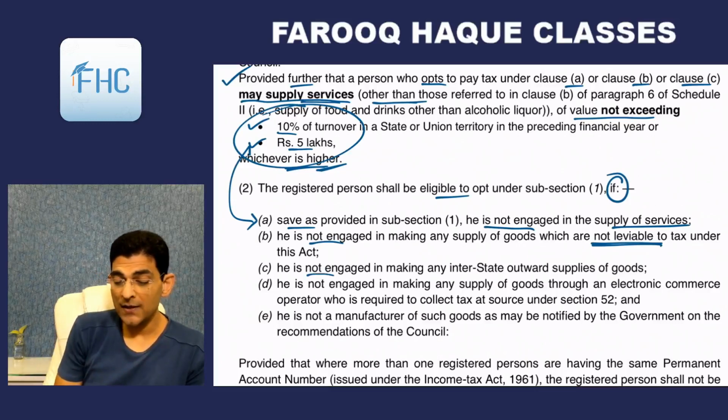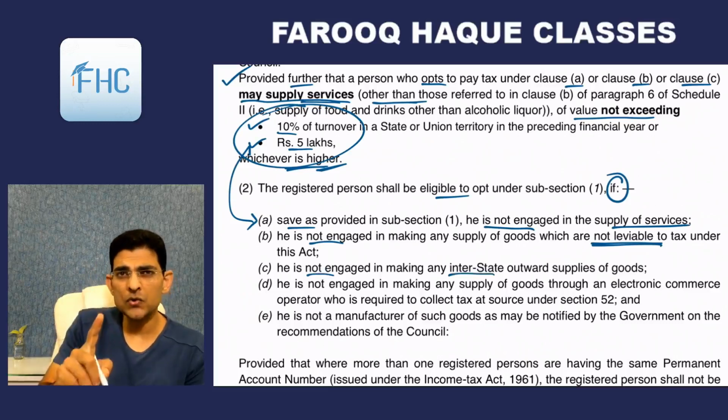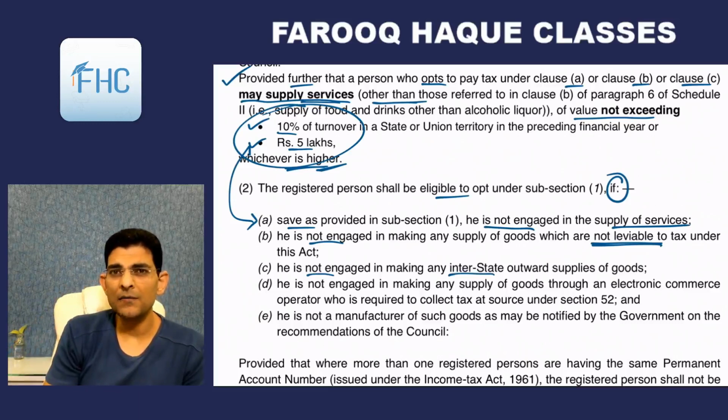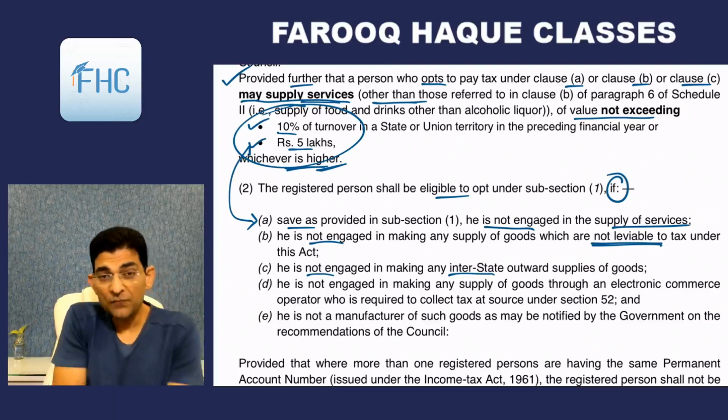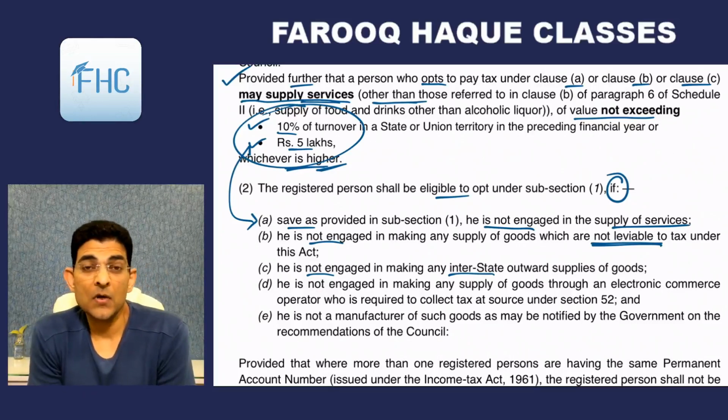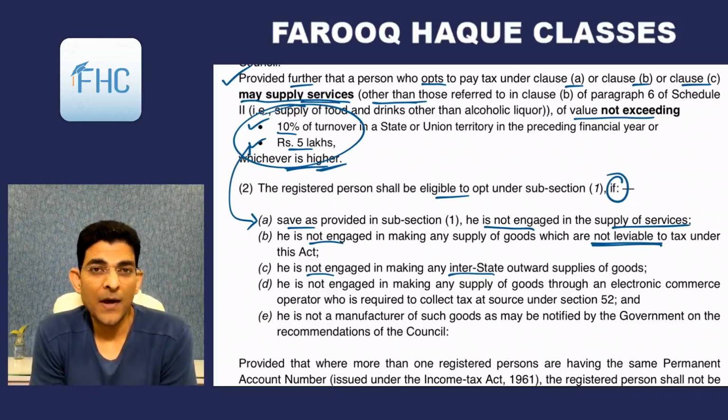Then he is not engaged in making any interstate supply. I'll go back to clause B and clear one doubt. What if a person is supplying exempt goods and taxable goods? Exempt means as per the exemption notification. So if you're supplying any goods which are exempt and also goods which are taxable, can you opt for composition scheme?